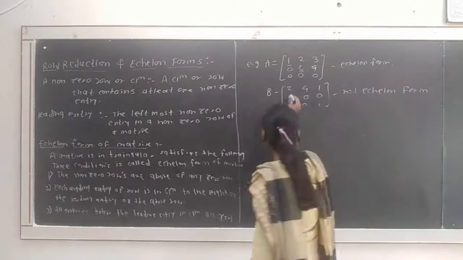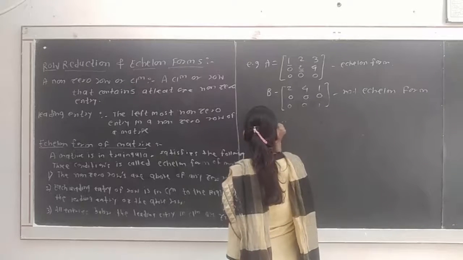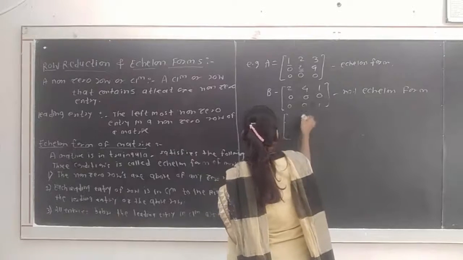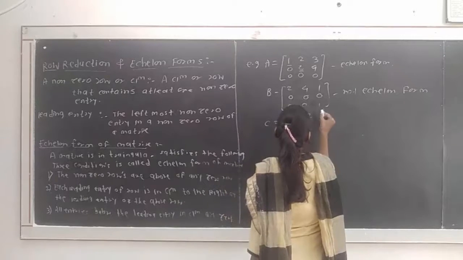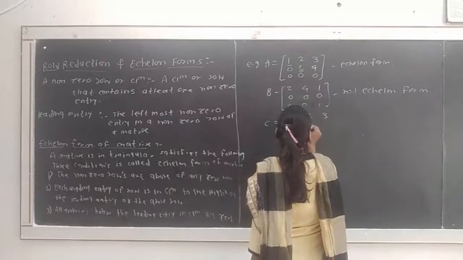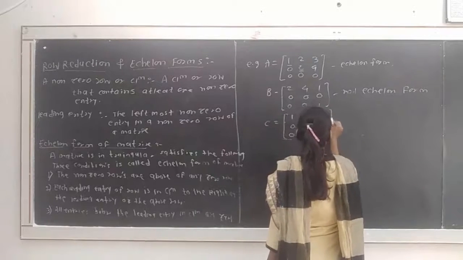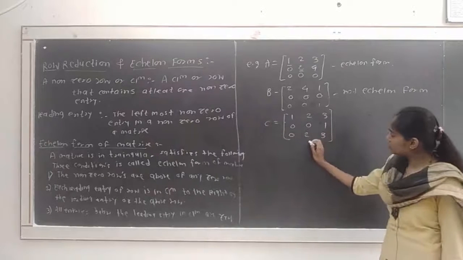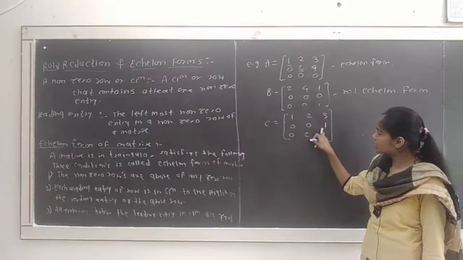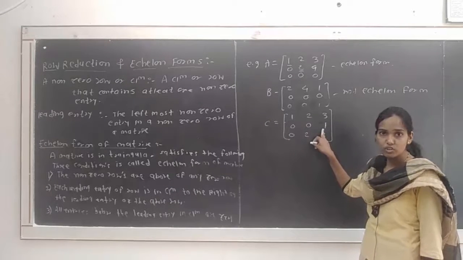So in this way. Again, I write the next matrix, that is 1, 2, 3, then 0, 0, 1, then 0, 2, 3. Here also we consider these two consecutive non-zero rows.